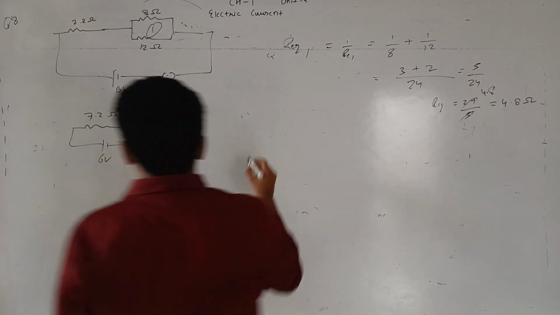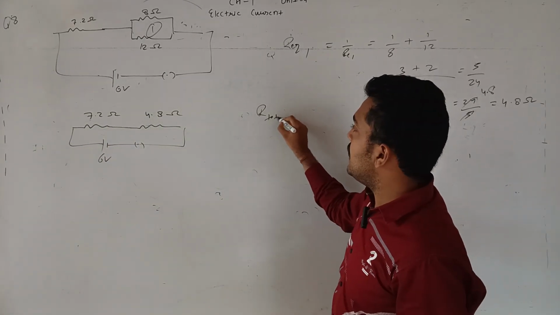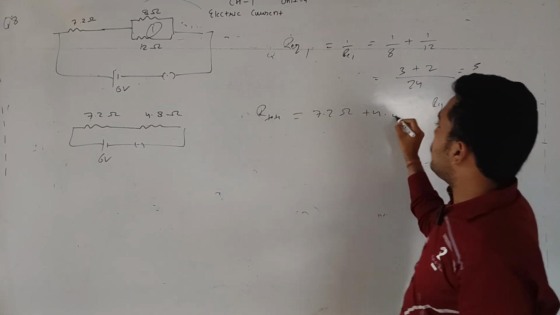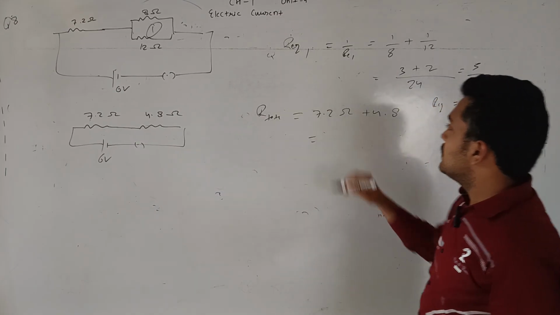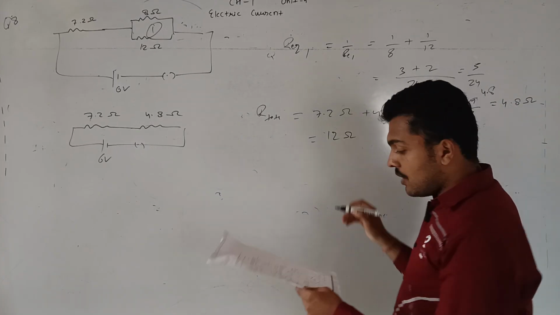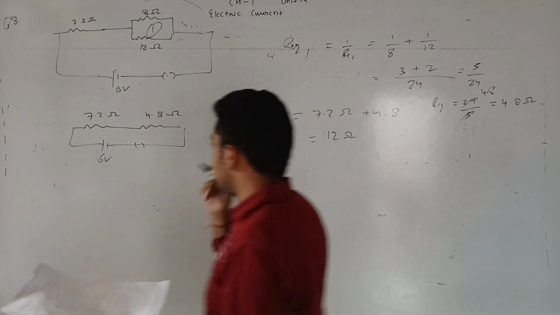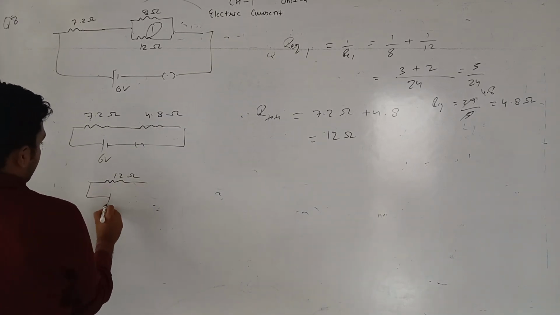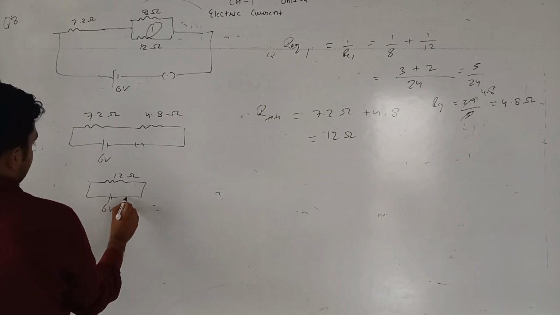Now the final R equivalent, or R total, is the series combination of 7.2 ohm plus 4.8 ohm. It comes out to be 7 plus 4 is 11, and 12. So it comes out to be 12 ohms. So this is equivalent to one resistance of 12 ohm across a 6 volt battery.